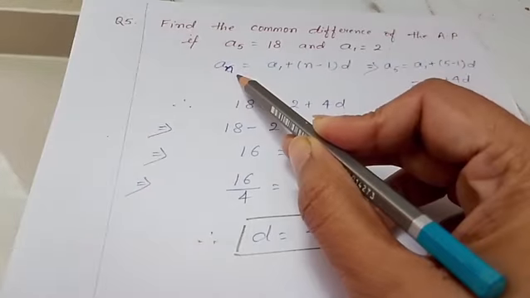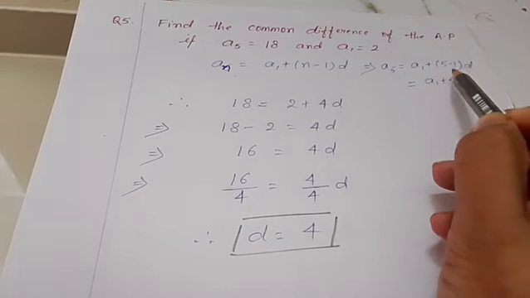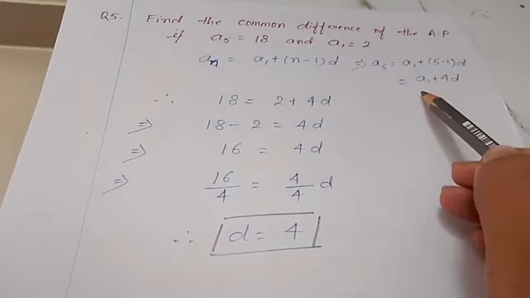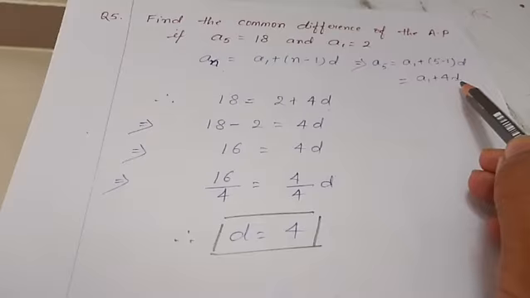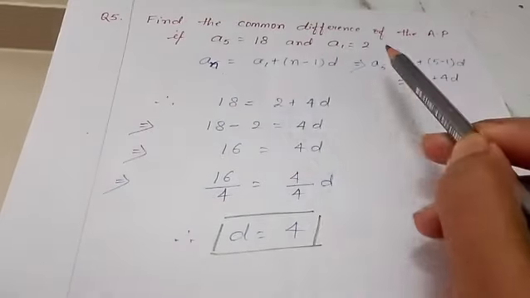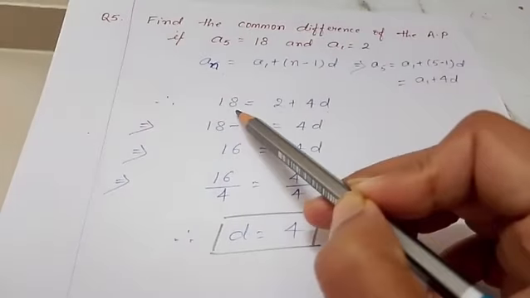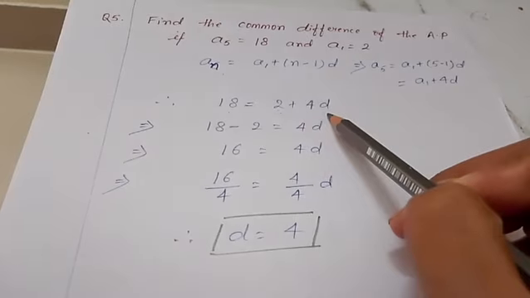Substitute n is equal to 5, so that a5 is equal to a1 plus 5 minus 1 into d equal to a1 plus 4d. Substitute a5 is equal to 18 and first term is equal to 2. Therefore, 18 is equal to 2 plus 4d.